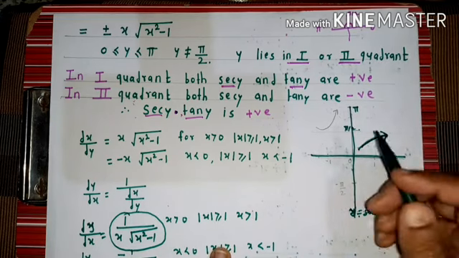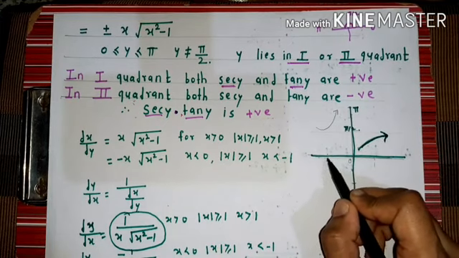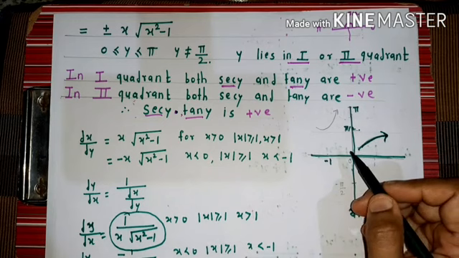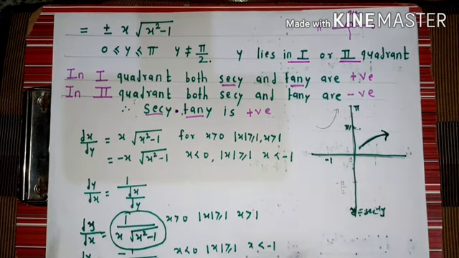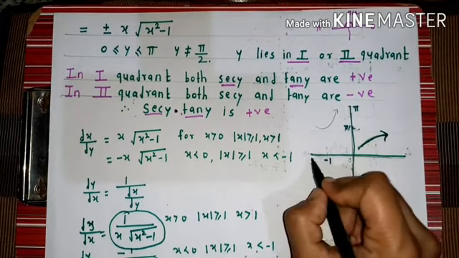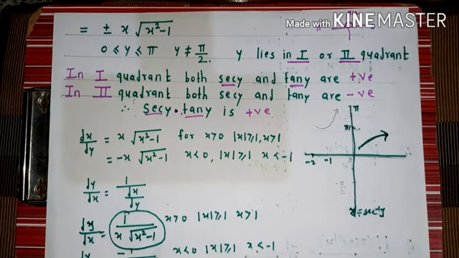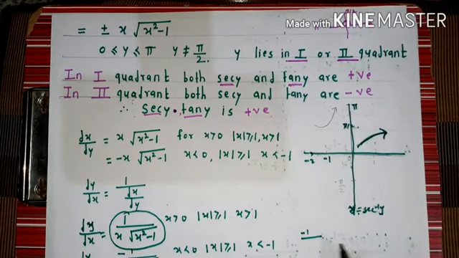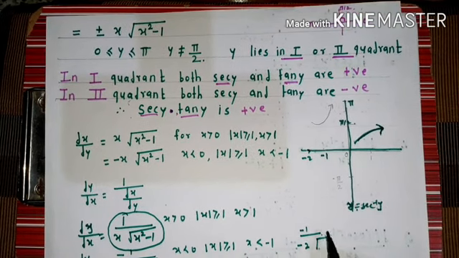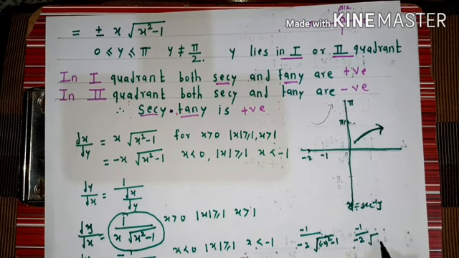See here, where the value of x is positive, the graph is increasing like this. But where x is negative, suppose x equals minus 1 or minus 2, whatever. If we take x negative, then here that is minus 1 upon minus 2 into square root of 2 square minus 1, that is 1 upon minus 2 into square root of 3.